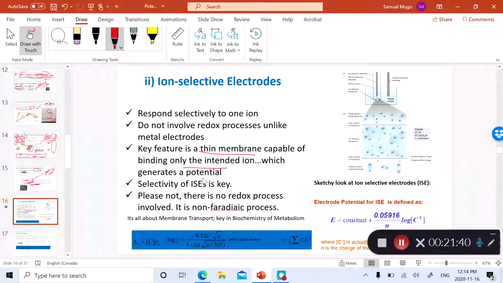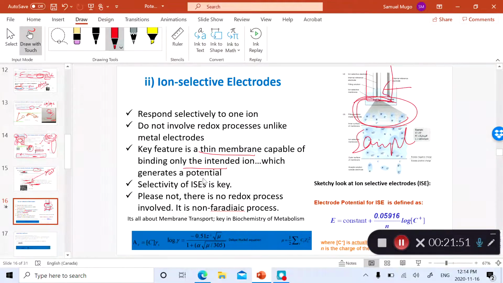Okay? And so this is how it typically works: you've got a membrane, and the membrane separates the sample from an inner solution, and the inner solution has a known concentration. Maybe this can be glass in the case of pH, and inside you've got a known concentration of, say, HCl, and then outside you've got a sample where you do not know the concentration.